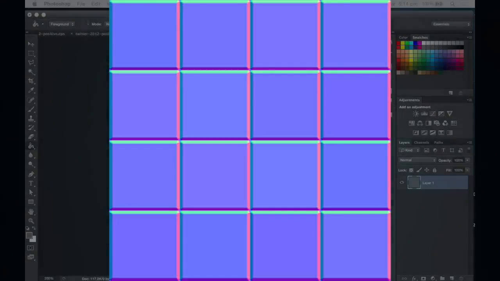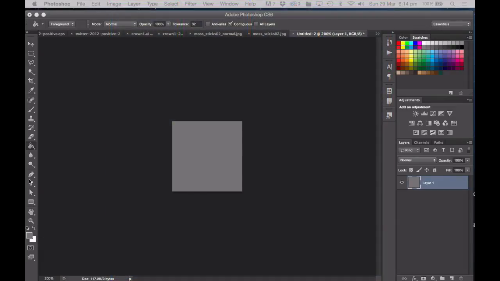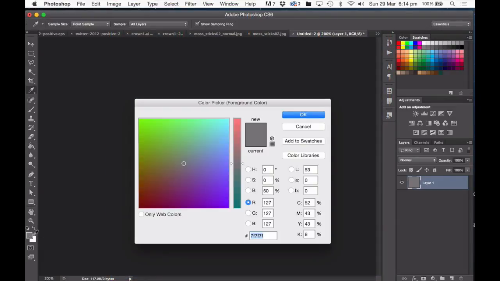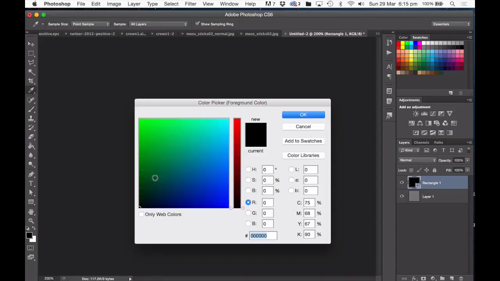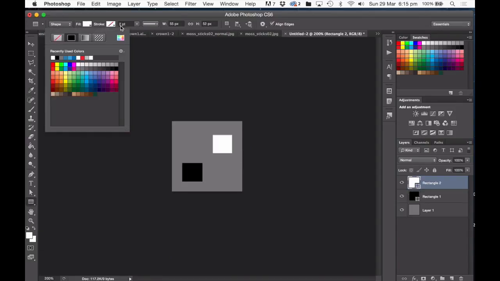Okay, so what does this bluey pink image actually mean? Well, first let's consider a height map. A height map is a grey image where the midpoint between white and black is considered to be point 0. To explain what I mean, imagine a 3D model that is just a regular cube. If the height map for one side of the cube was black, then it would appear to have a dip in the side.